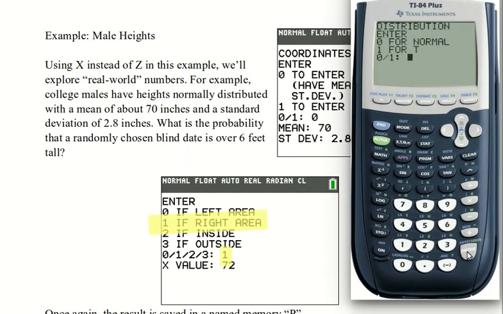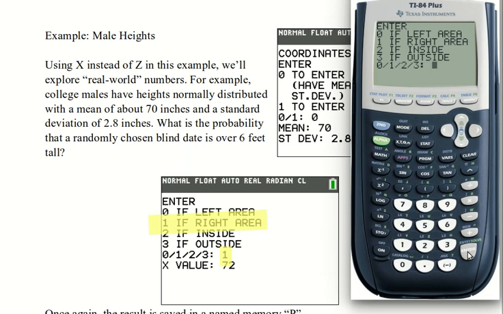This is normally distributed. Remember, we don't have to test or be told that height is normally distributed. We have the mean and the standard deviation, the population data. We're told that the population mean is 70 inches and that the standard deviation is 2.8 inches. We're now interested in finding the probability that that random variable x is greater than 6 feet.